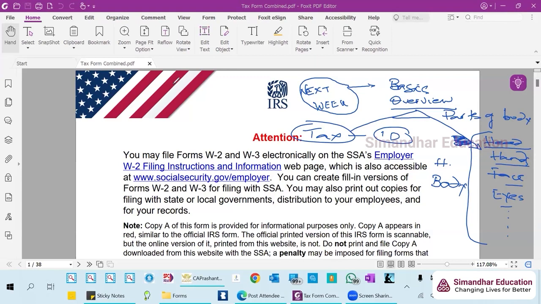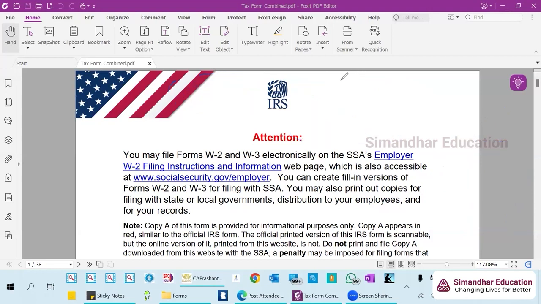So first we'll just have an overview, and then we have a detailed discussion about each of the elements of individual tax return. Okay, so what's coming up for us? One is understanding forms, and then the overview.